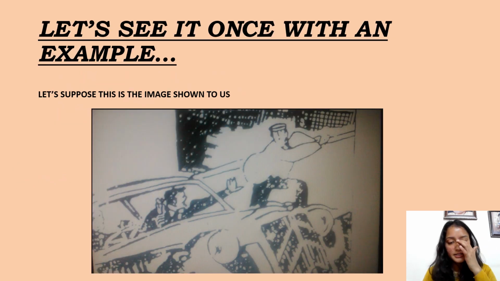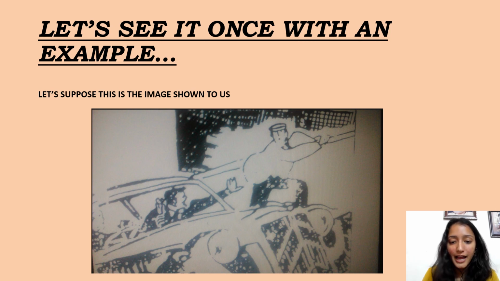So, let's just see an example of what kind of an image is shown to us. So, here, in case this picture is shown to us. Now, this picture, by God's grace, is not hazy or blurred at all. So it's very easy for us to determine the kind of characters, the kind of surroundings that are here.